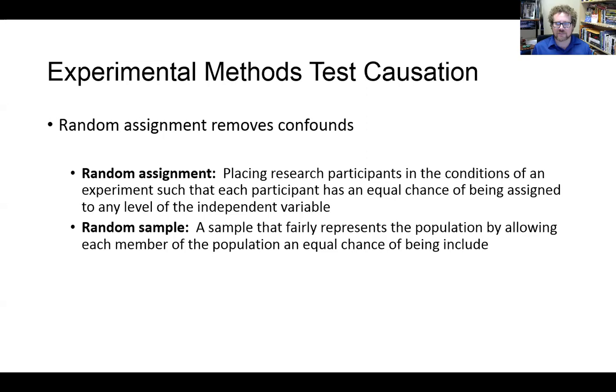But for the purposes of this course, what you need to know are the basic ideas behind the three major types of research methods: descriptive methods, which simply describe observations from the world; correlational methods, which describe relationships between two or more variables; and the experimental method, which is the only method, when done correctly, that allows a researcher to say that a variable has effected a change in another variable. So you need to know the difference between those broad types of research methods.